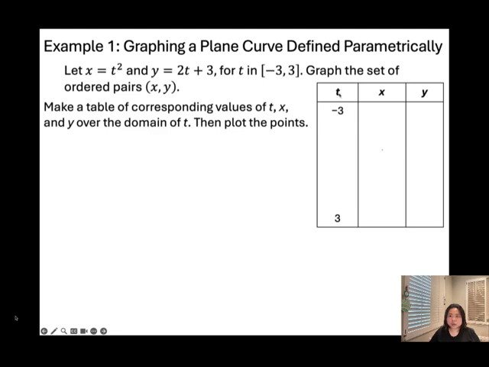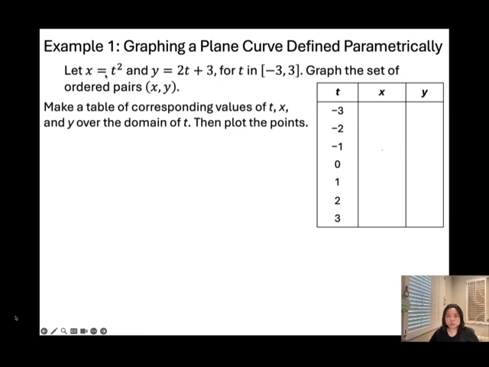How could I decide what to put for the t here? Usually, when they give the interval for the t, I start from -3, and then -2, -1, 0, 1, 2, 3. So you should have these numbers. And then I'm going to plug in one by one. I plug in -3 to t squared to find out what your x is.